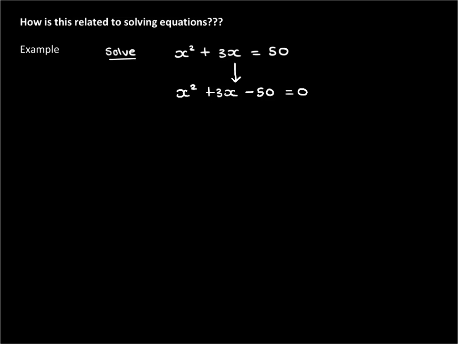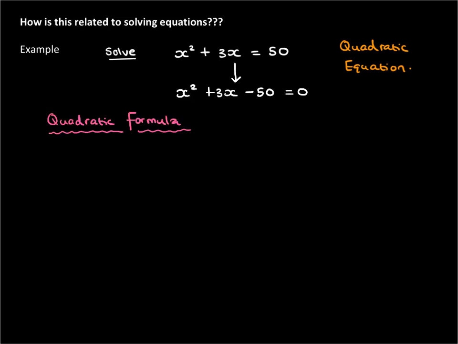Now, you can try, but you won't be able to factorise this equation, so we're going to need to solve it using the quadratic formula. So the big question is, do we remember our quadratic formula? Let's see if we can write it down.